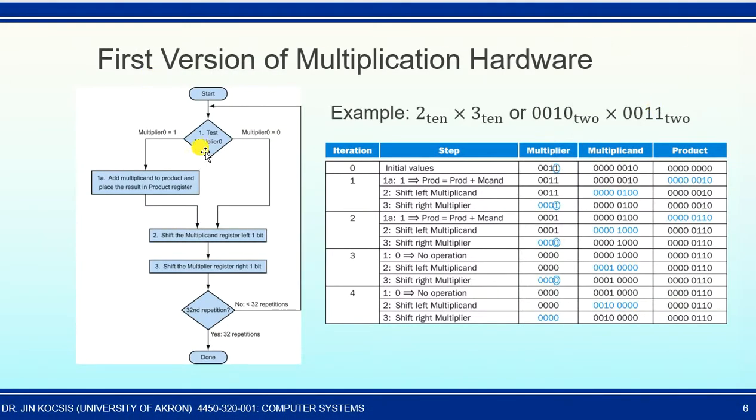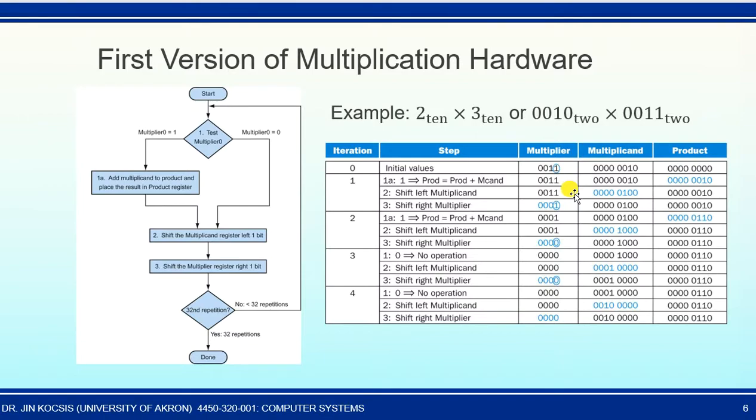That is why you can see here, I basically only point to the least significant bit of the multiplier. After I decide whether to copy or not, and after I shift the multiplicand in order to align with the digit, I only shift the multiplier to the right by 1 bit without shifting the pointer.